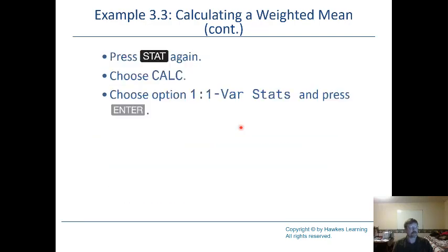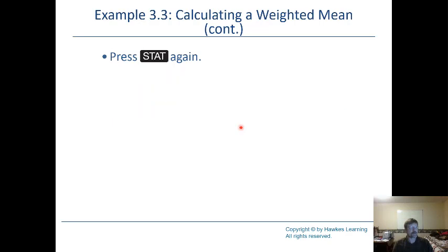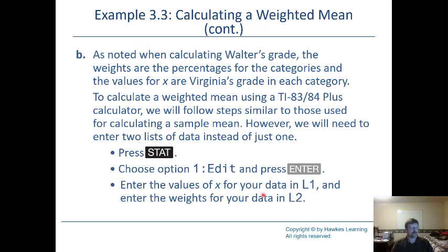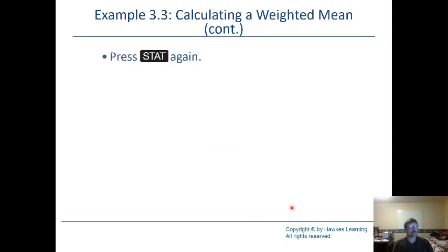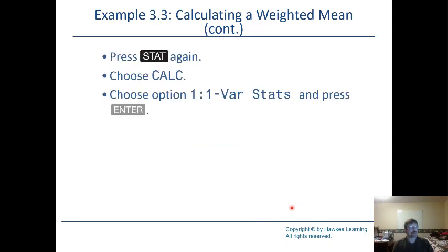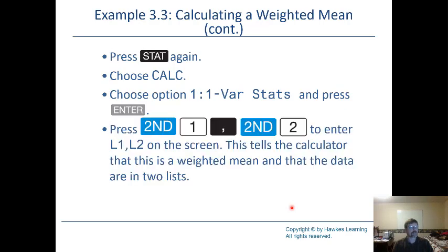Stat again, choose calc. Put the x values in L1, weights in L2. Stat, calc, var stats, enter. Press second 1, comma, second 2 to enter L1, L2 on the screen.